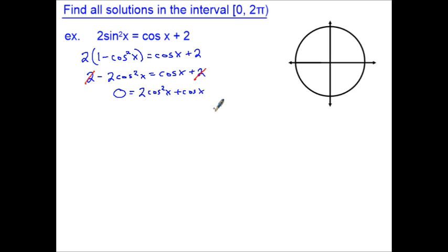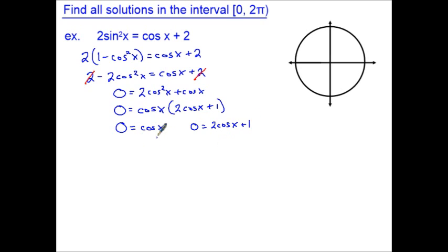And like I did in a previous problem, we can factor out a cosine because it's a common factor. So that comes out, and I'm left with 2 cosine x plus 1. Then I can break that into my two equations, so I get 0 equals cosine, and then I get 0 equals 2 cosine plus 1.